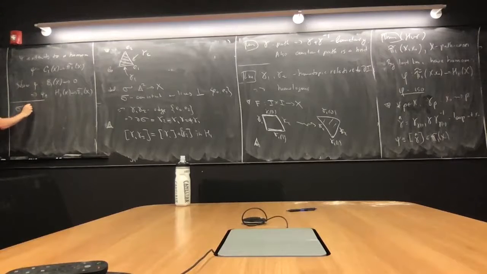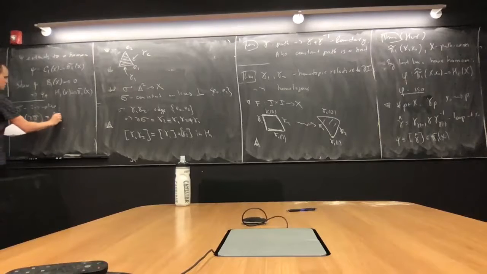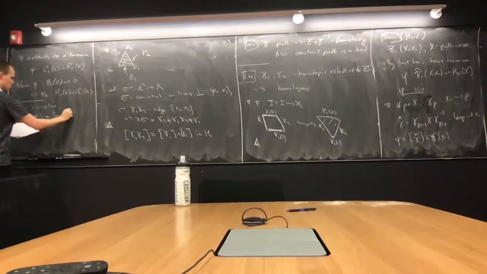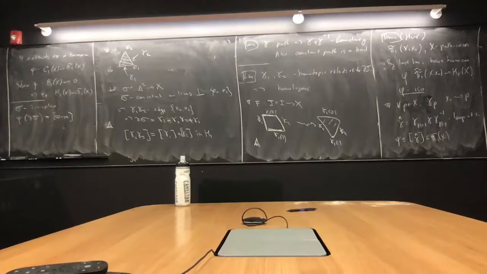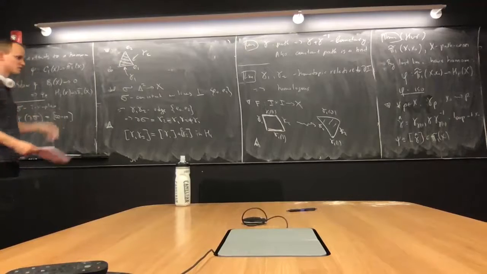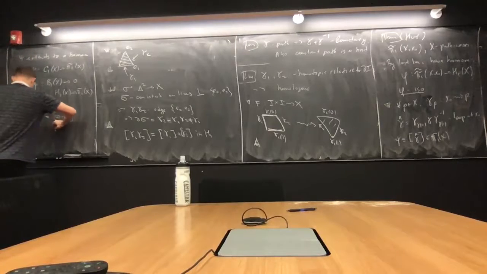Let's say sigma is a two simplex. You can just check by direct computation that psi of the boundary of a two simplex is represented by a constant map, basically because you just contract along the interior of the simplex.